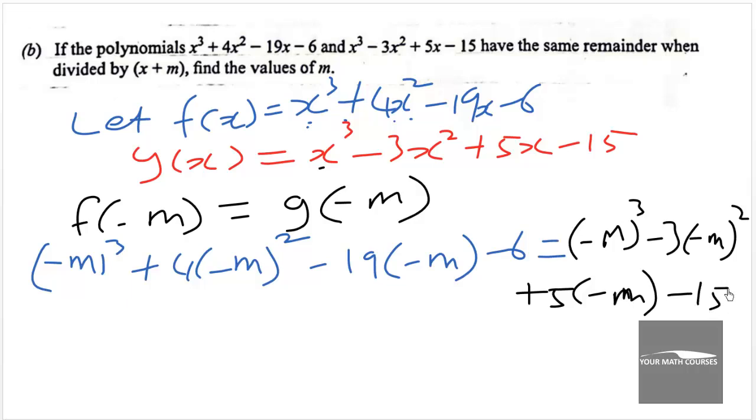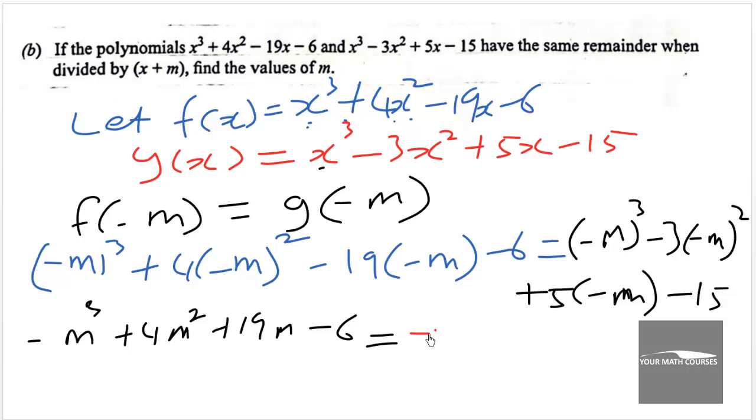So this will simplify to -m cubed plus 4m squared plus 19m minus 6 is equal to negative m cubed minus 3m squared, then minus 5m minus 15.